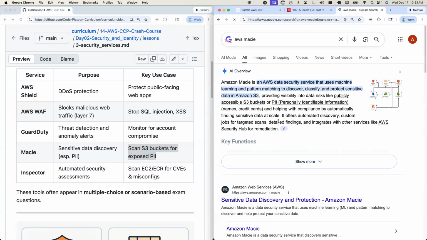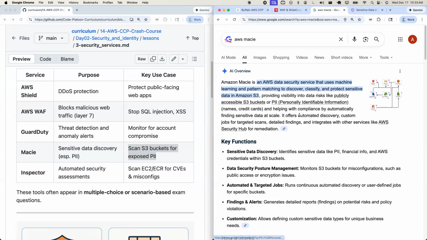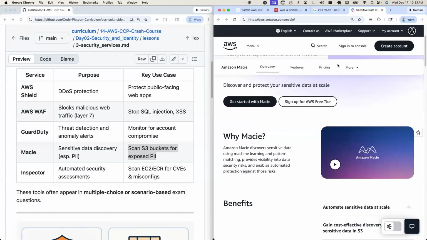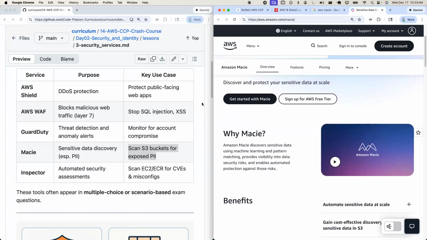And again, these days it uses machine learning and other things. So it's going to actually look over our different services. It looks like this one focuses on S3, and it looks to see if there's personally identifying information there, using machine learning and some of the regex stuff that we learned about with AI chatbots.